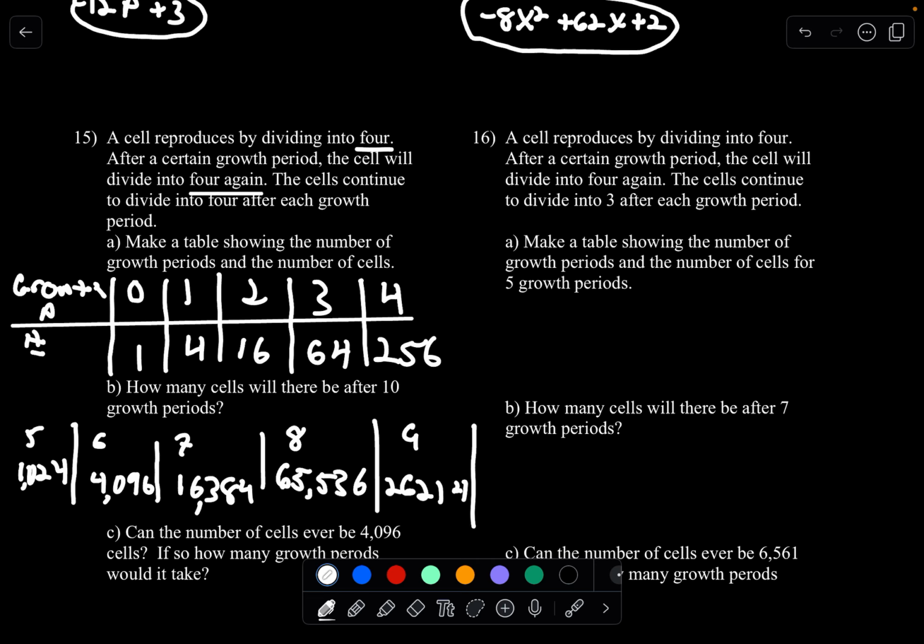So multiply by 4 again, and now we're up to 1,048,576. And that's after 10 growth periods.